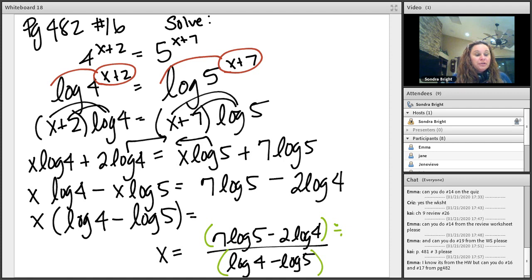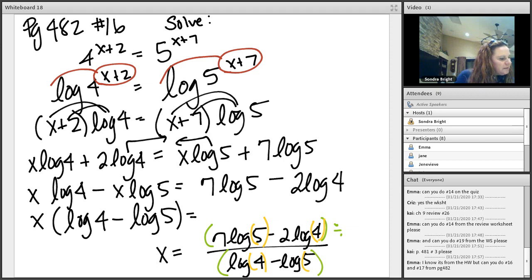Also, your calculator, when you hit the button log, it'll start a parenthesis here. Make sure you end it. Actually, at the very end, it doesn't care. But better to put more parentheses than not enough. Okay, divided by, start a parenthesis, log of 4, end the parenthesis, minus log of 5.